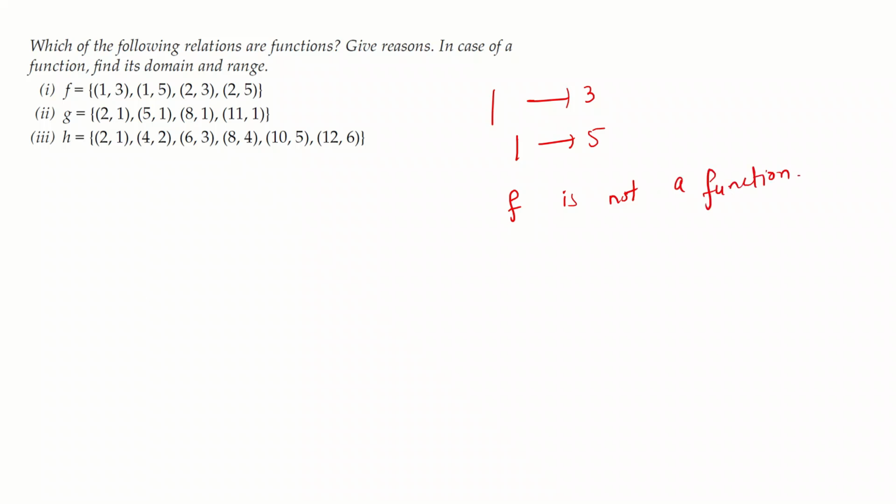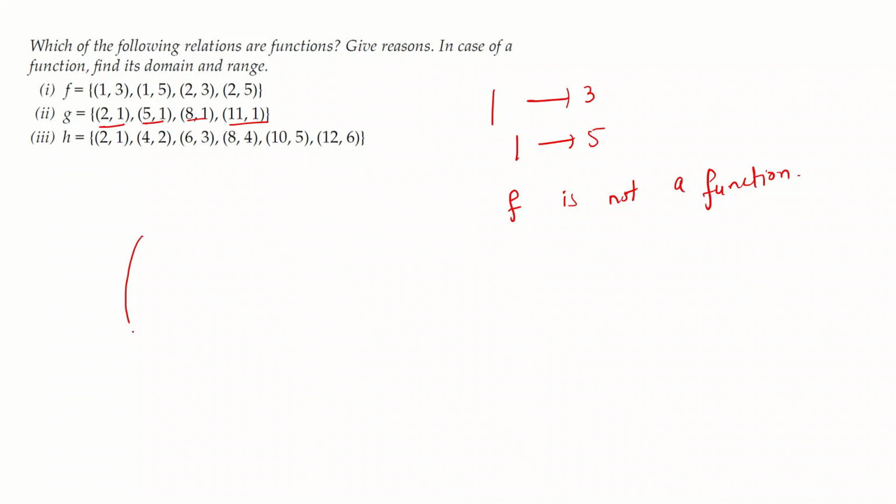Okay, let's come to question number 2, the relation G. Relation G is given by 2 comma 1, 5 comma 1, 8 comma 1 and 11 comma 1. Okay, so there are many points going to 1. That is valid. I didn't say that many points cannot go to a single image. That can be possible. The only requirement is that one point cannot go to multiple images.